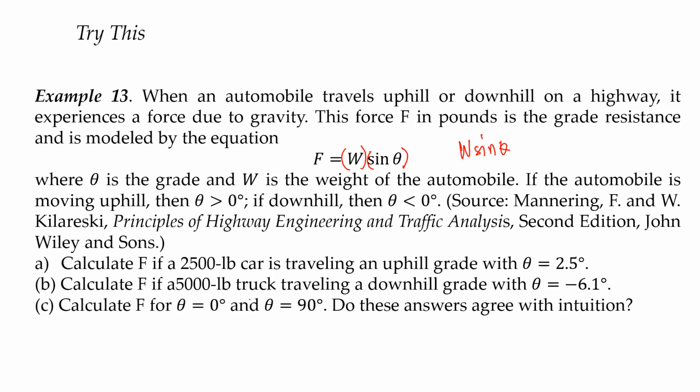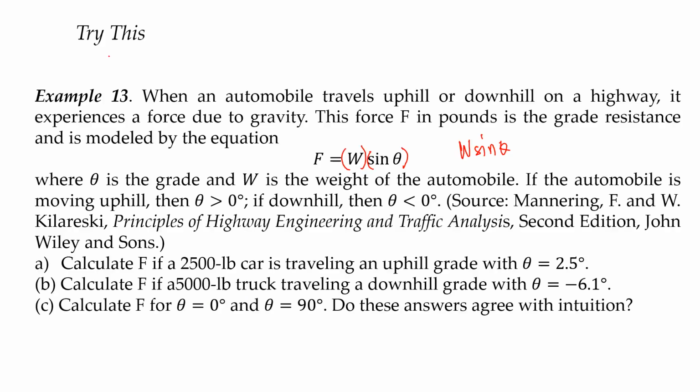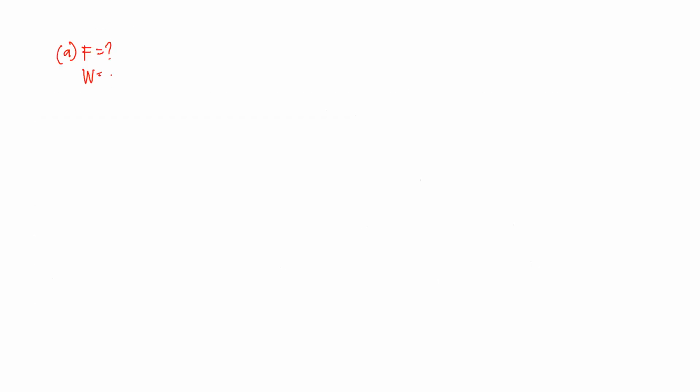Sige. Let us do letter A first. Letter A, F is unknown. W is 2,500. And since this is already a real life problem, don't forget the unit. Pound is the unit.